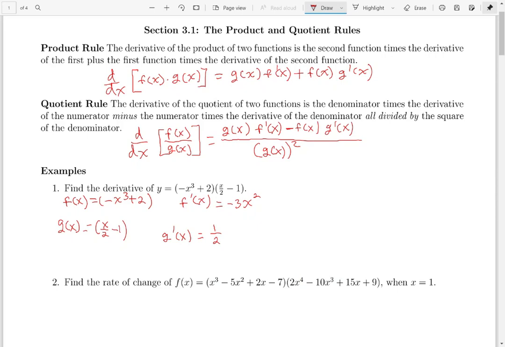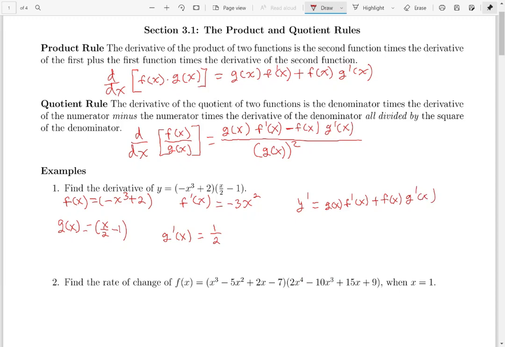Then, if we're trying to find y prime, we know that y prime, via our formula here, is going to be the second function times the derivative of the first function plus the first function times the derivative of the second.